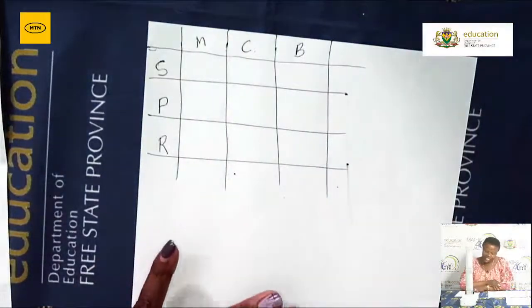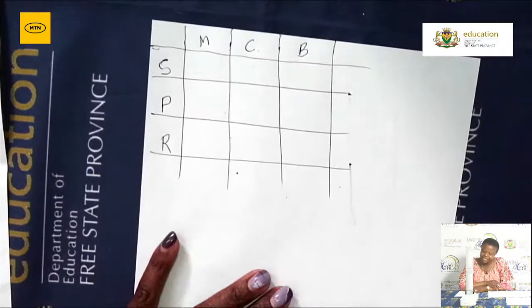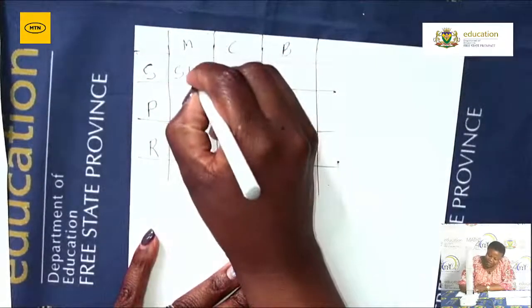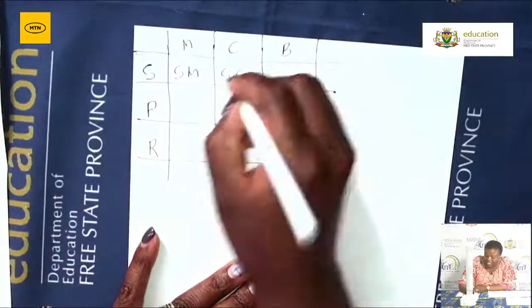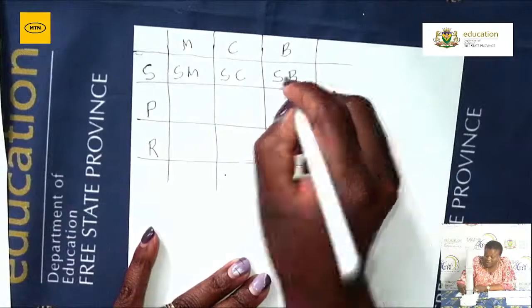There are veggies, but on the two-way table, we only show the starch and the protein like I indicated with the symbols. So for the first day, when you arrive at a camp, according to this menu, you will eat samp with mince. For the other one, you will eat samp with chicken. For the other one, you will eat samp with beef.